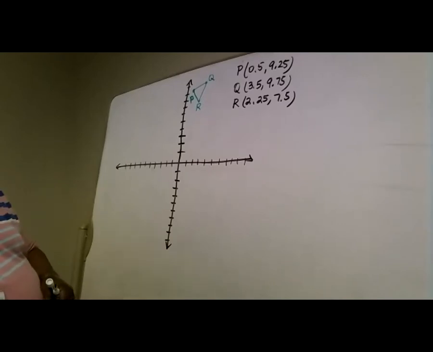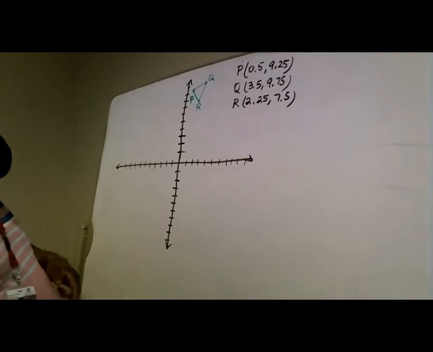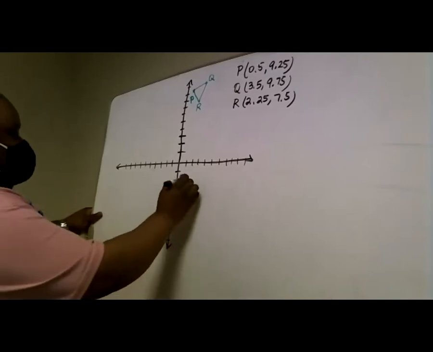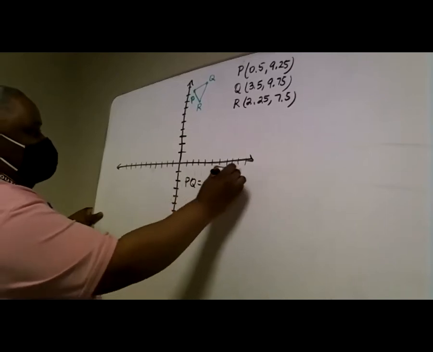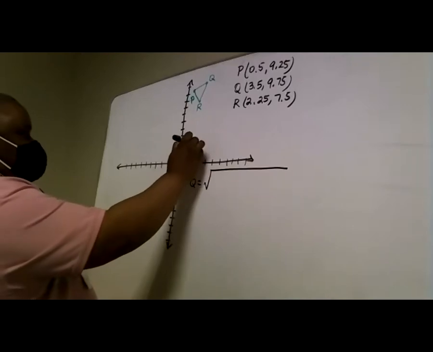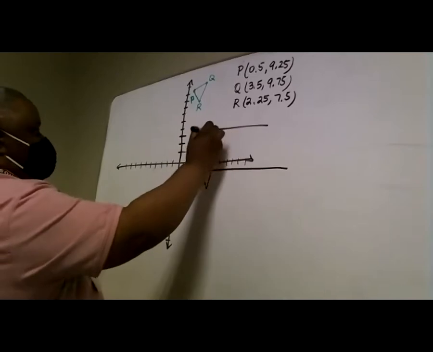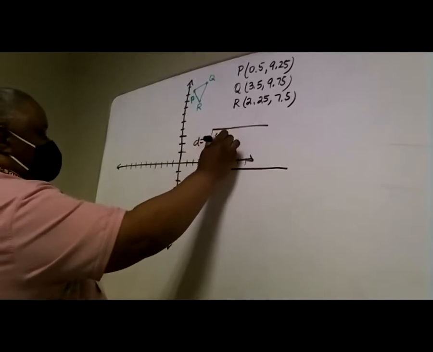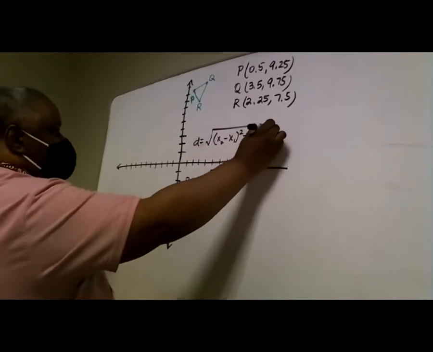that's kind of hard to see. But with that, sometimes you may have to use the distance formula for each one of these. So I'm going to start with the distance from P to Q. I'm using this formula, D is equal to the square root of x2 minus x1 quantity squared plus y2 minus y1 quantity squared.